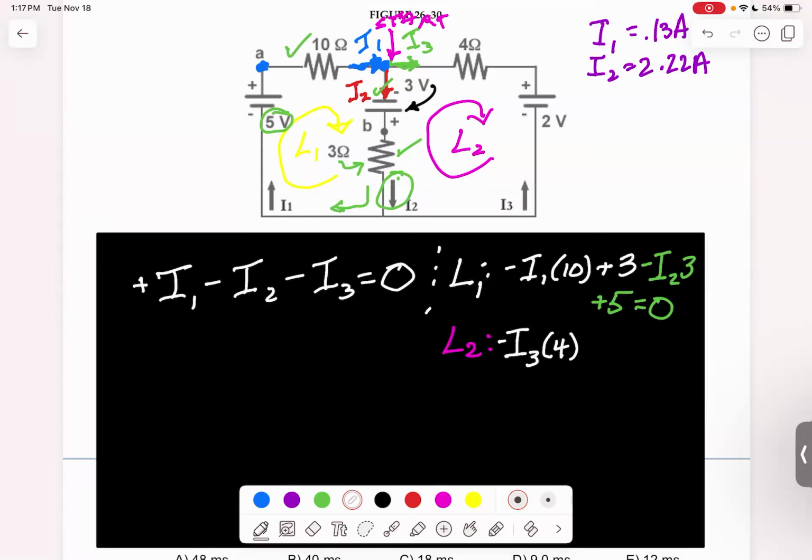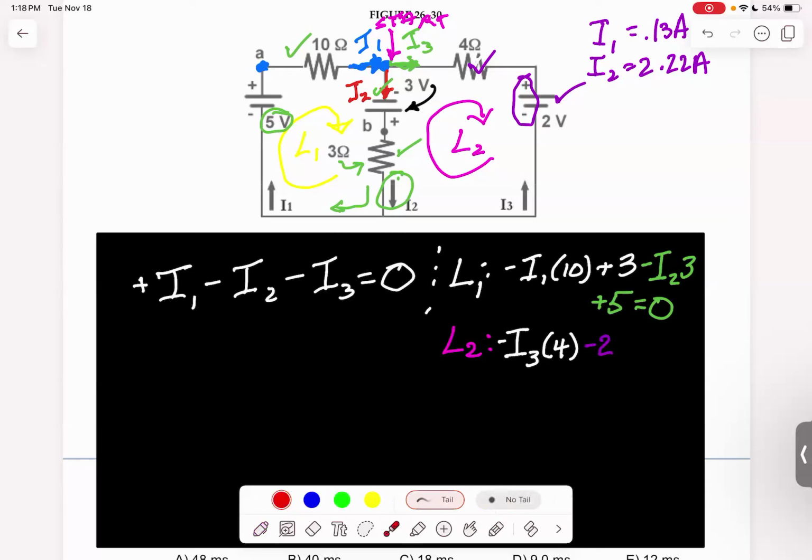We've gone through that first component. Now we're going through this battery here. So through the battery, you can see in this direction that our polarity goes from positive to negative. So there's going to be a voltage drop, in this case of 2 volts.